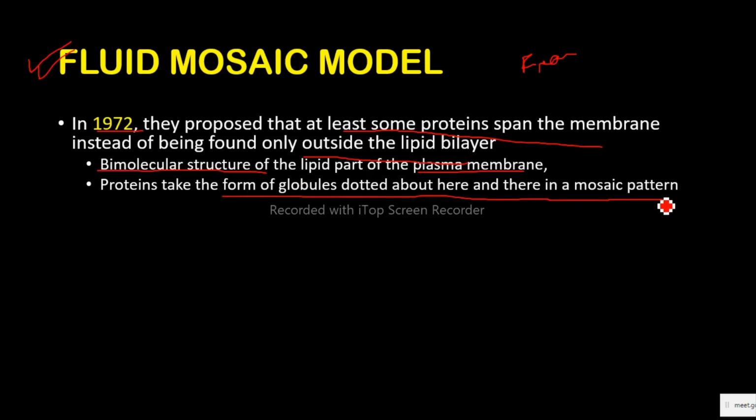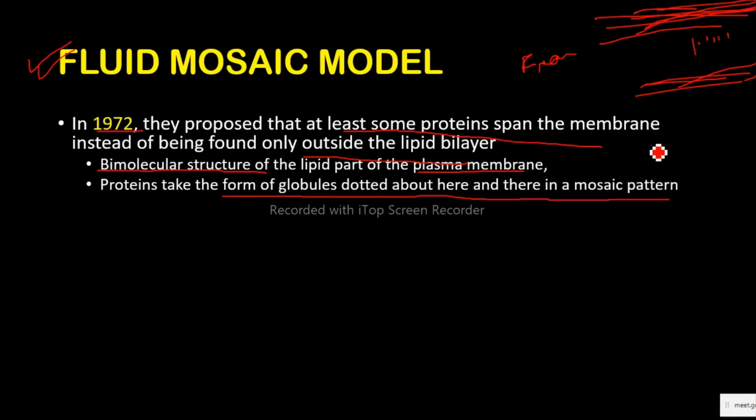Unlike Daniel and Davson's model, where proteins just sandwich the whole of the upper surface and the whole of the lower surface, and then these are lipids, now for these ones, they say that it is just a bimolecular layer of lipids. I don't want to talk about phospholipids before I introduce them.